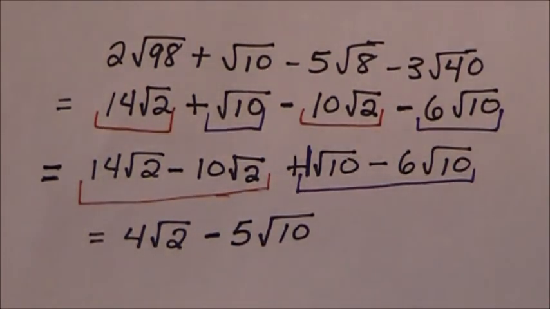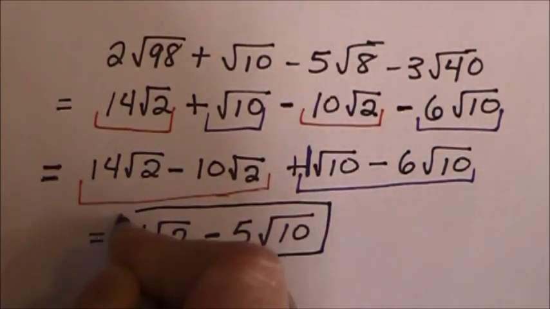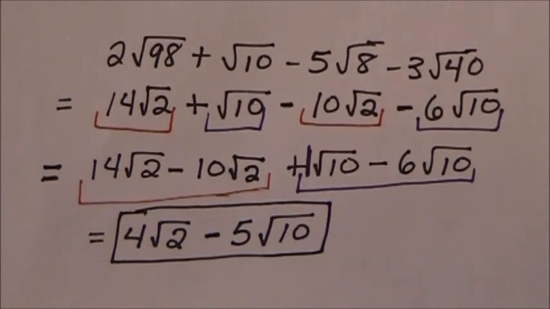So we've combined those. We've now got down to 1 square root 2, 1 square root 10. The last thing we're looking at is whether or not those two can be combined. They are not like radicals, so as a result, we are now stuck leaving them as they are. So there's our final answer.